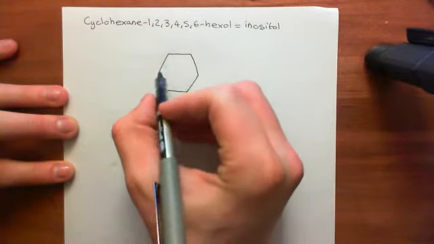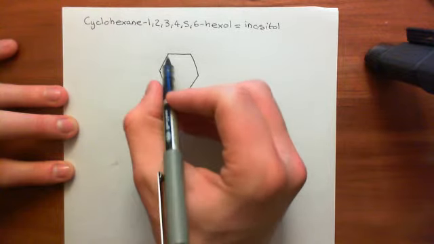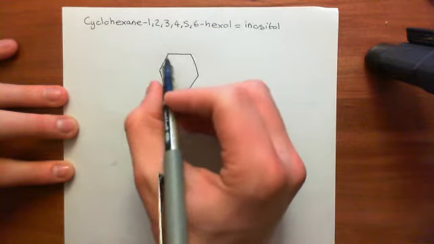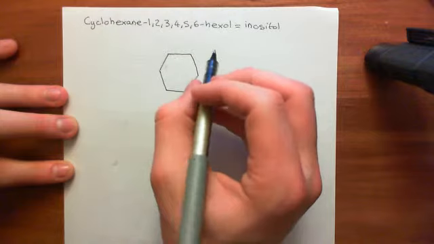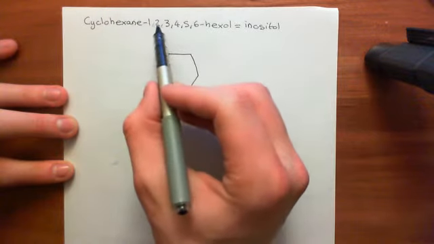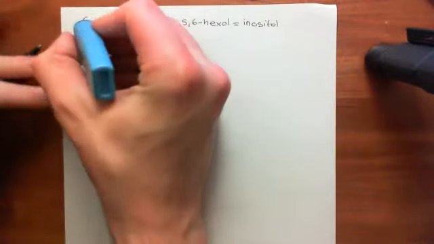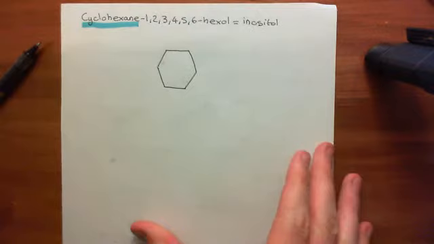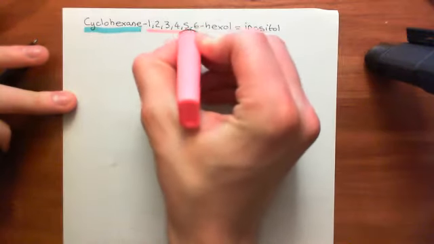We've got 6 carbons here, 1, 2, 3, 4, 5, 6. They are joined nicely together in a cycle, and all of the bonds between the carbons in this cycle are single bonds. Now, we also want to have an alcohol group coming off every single one of the carbons of this cyclohexane ring, to create cyclohexane 1, 2, 3, 4, 5, 6 hexol.